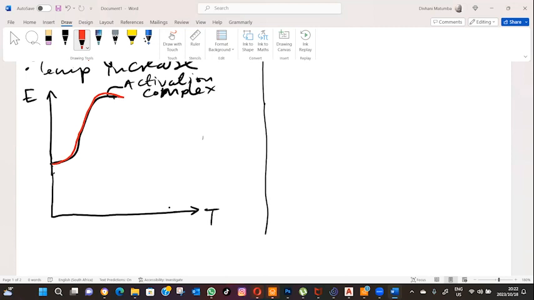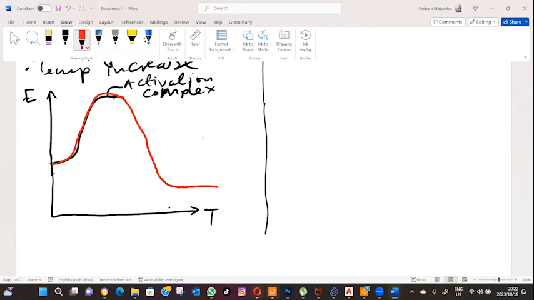Then the particles collide and they form the products. However, the energy within the compounds formed is less because the energy is released to the environment.